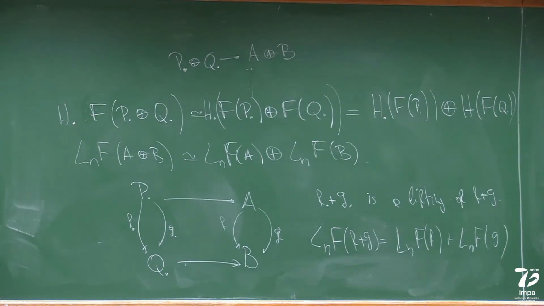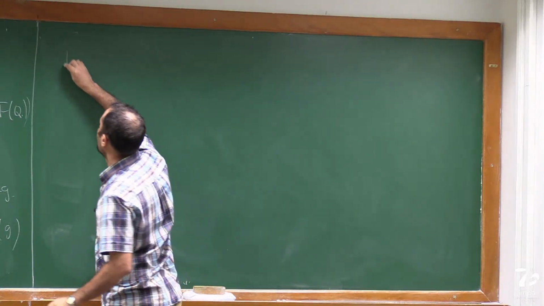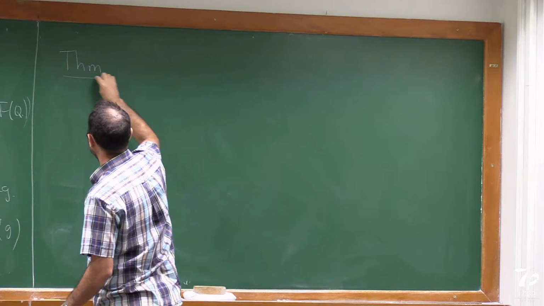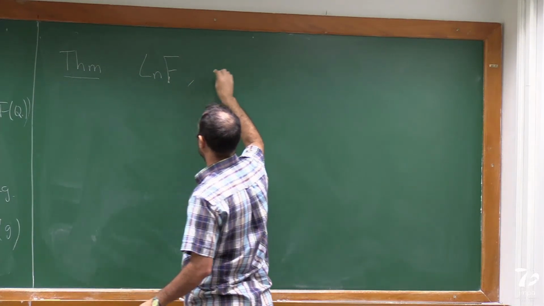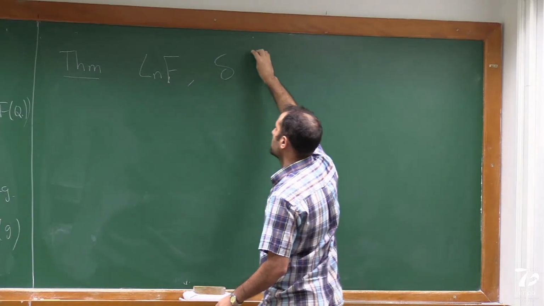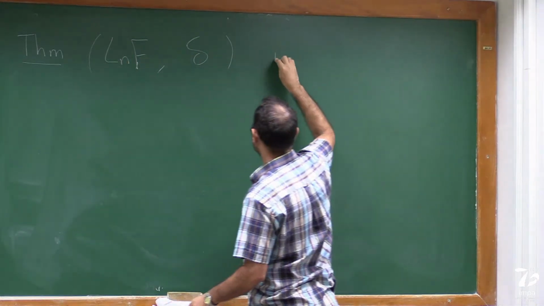Why did I need that functor to be right exact? So, theorem: L_n F, with the delta that we haven't constructed, is a delta functor.